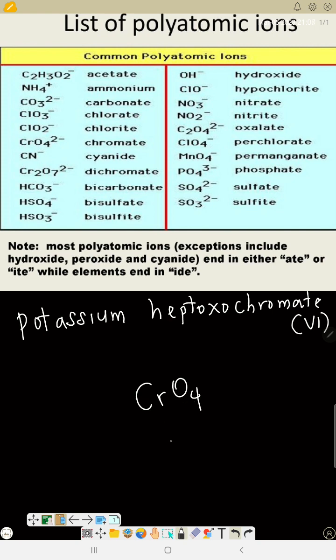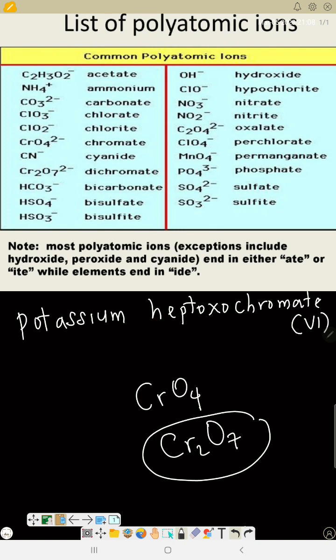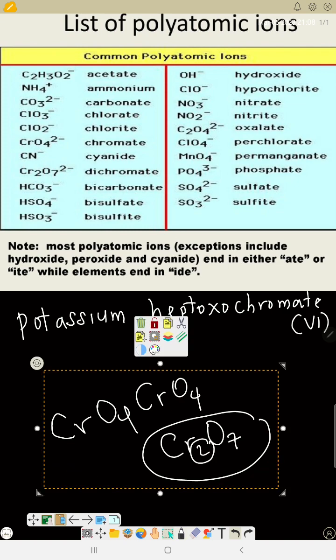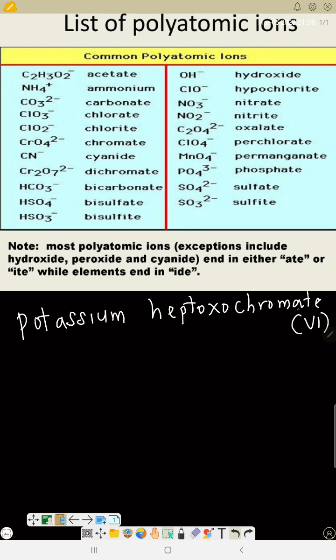So dichromate is Cr2O7. So this Cr2O7 is dichromate, and it is because you have 2 chromates, you say di there. But if it is chromate, it's just CrO4. But if it is dichromate, it is Cr2O7, and the charge on it is 2 minus. So this is dichromate or heptaoxodichromate(VI).